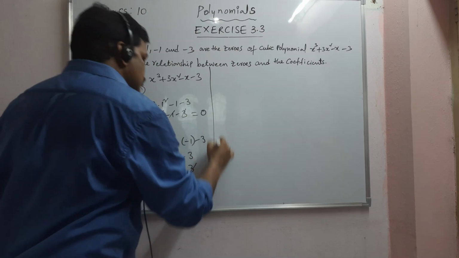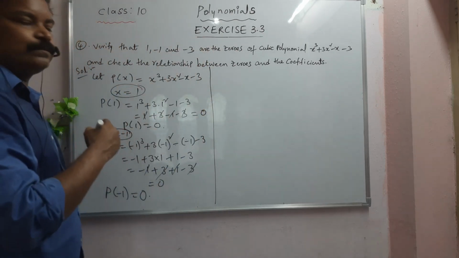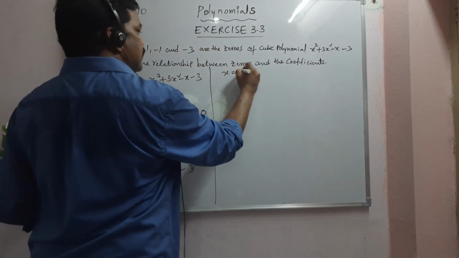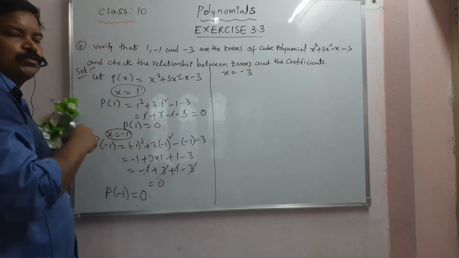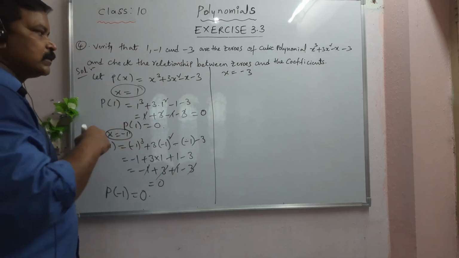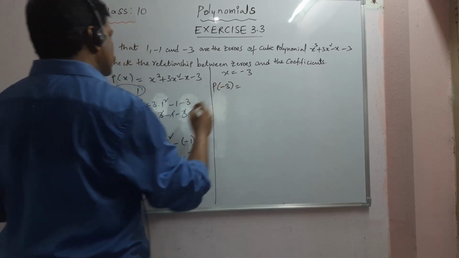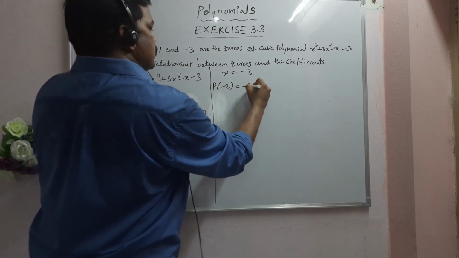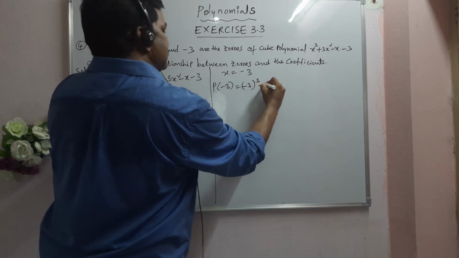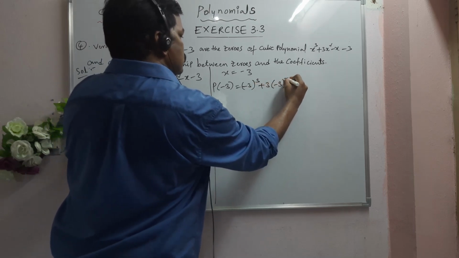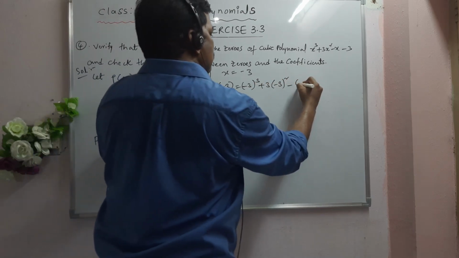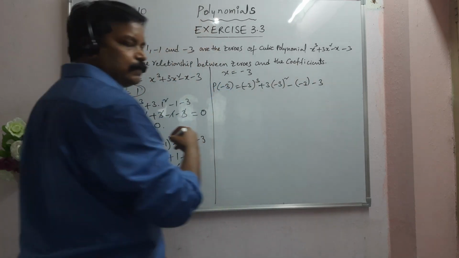Right. And the last one is -3. So take x is equal to -3 in the given cubic polynomial. Let us substitute instead of x. That means p of -3 is equal to (-3) whole cube plus 3 times (-3) whole square minus of -3 minus 3.